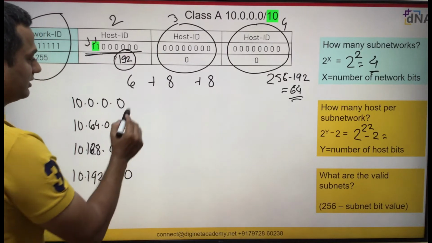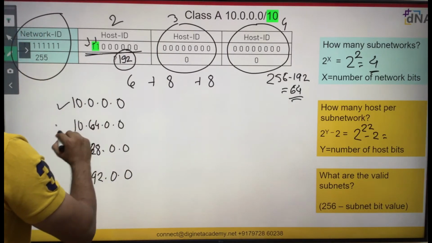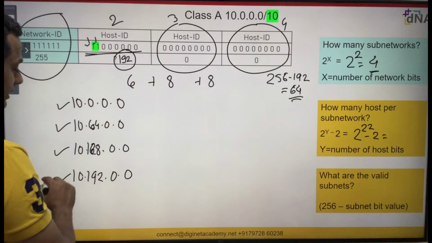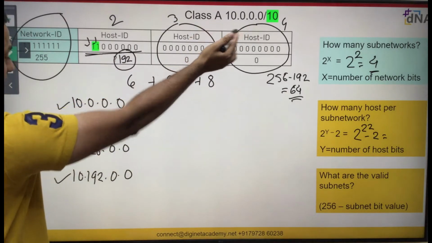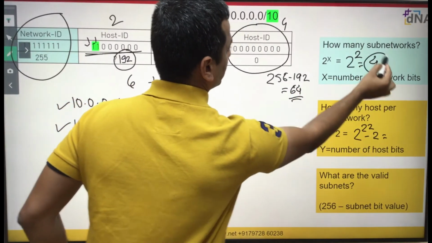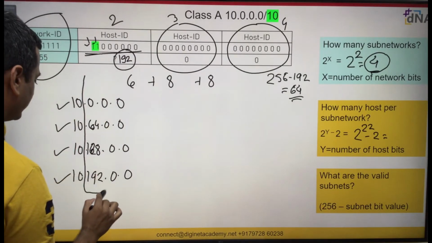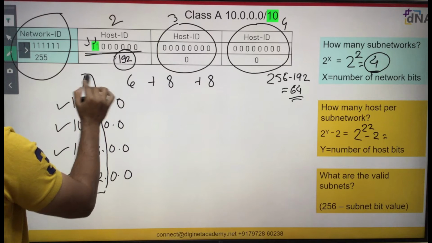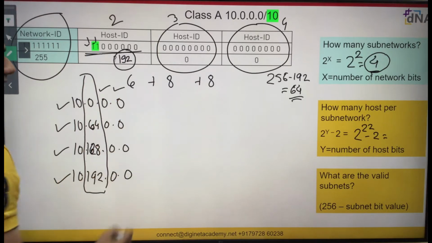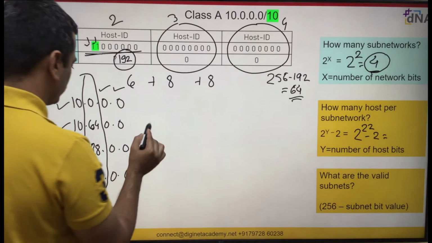Got it? So these are the 4 networks we are getting from the /10 subnetwork. See, 4 subnetworks, and we have done the increment in the second octet. The third octet and fourth octet are the host portion.